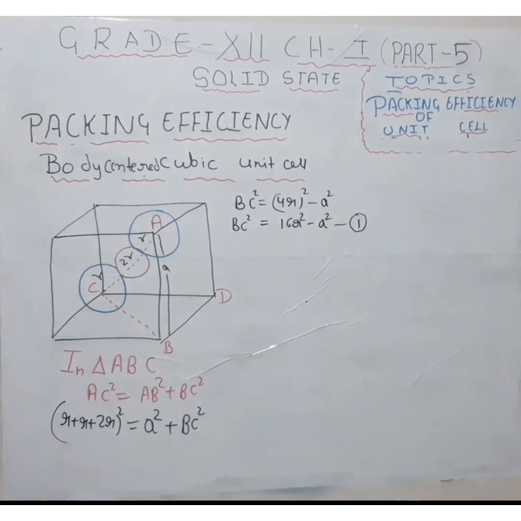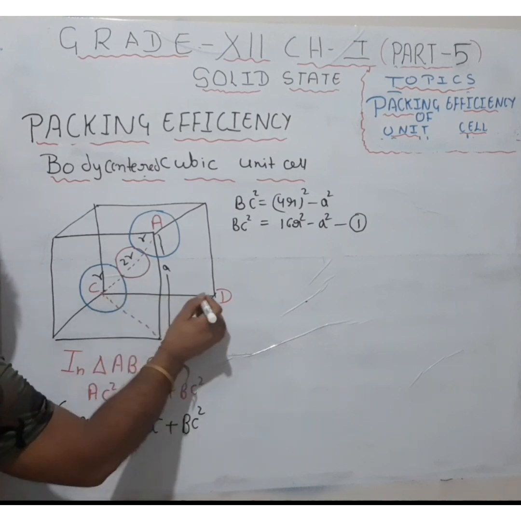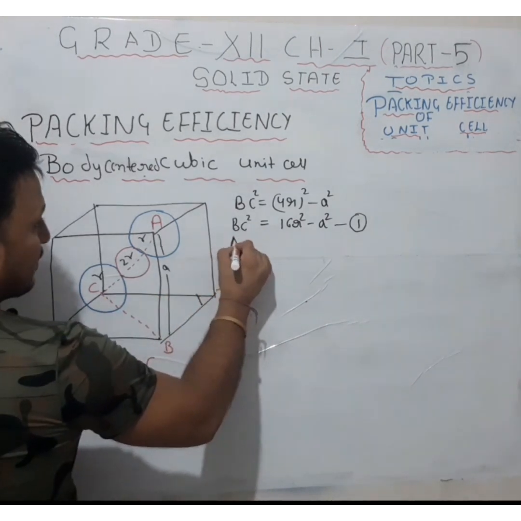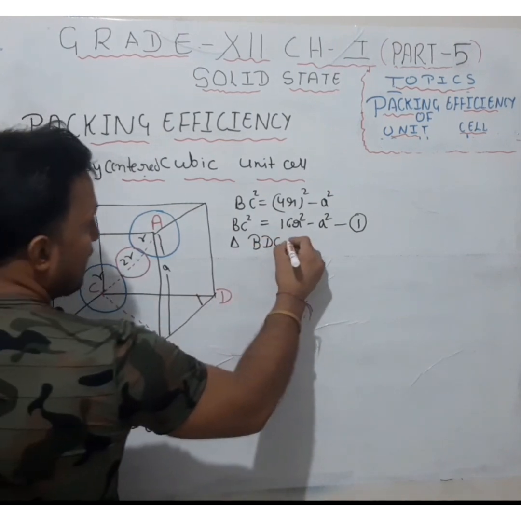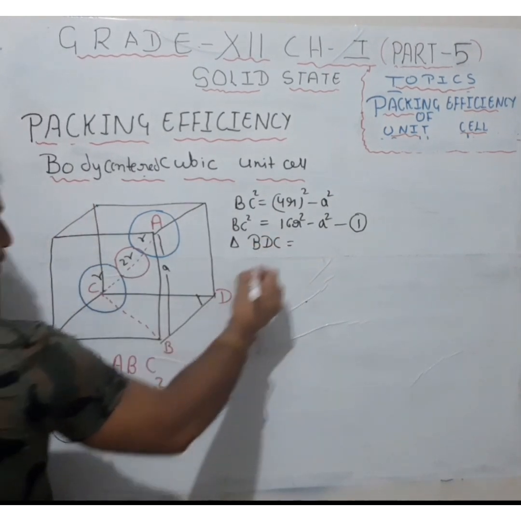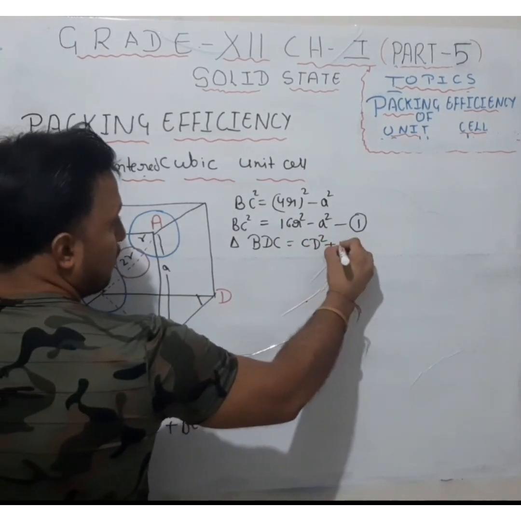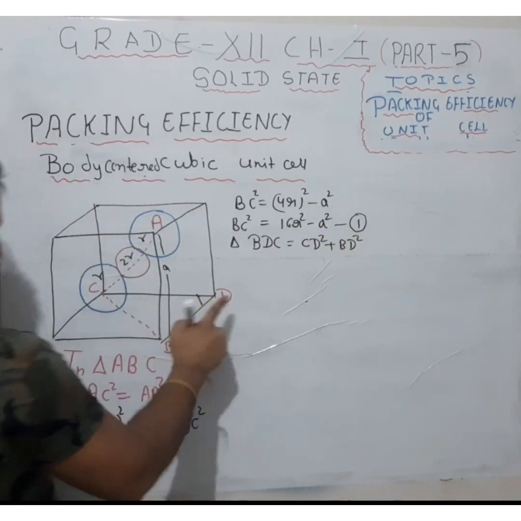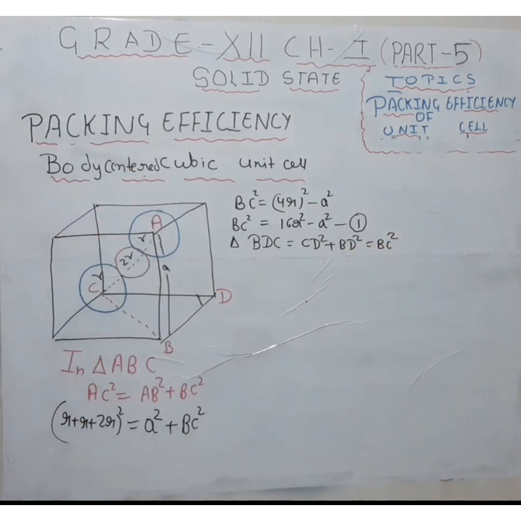Now we will be considering one more right angle triangle, that is BDC. Okay, so triangle BDC, right angle at D, we are considering. So in this case, it will be CD square plus BD square equivalent to BC square. Again we have applied the Pythagoras theorem.